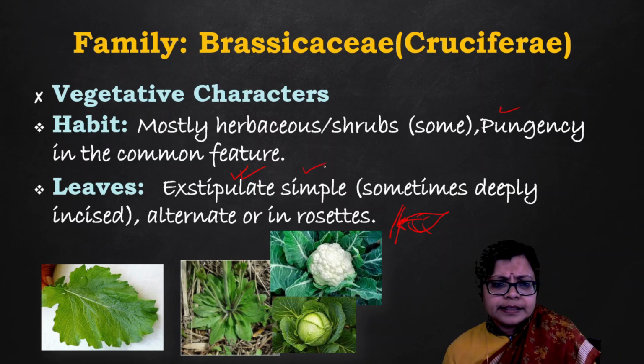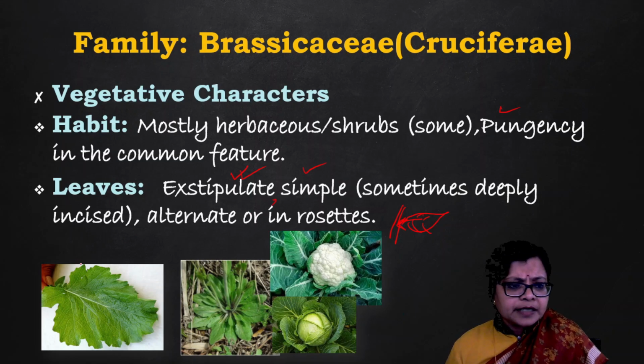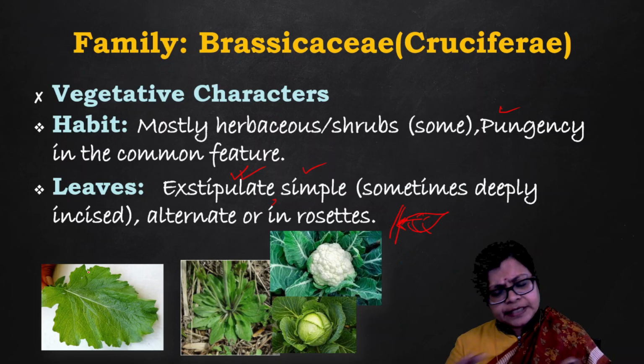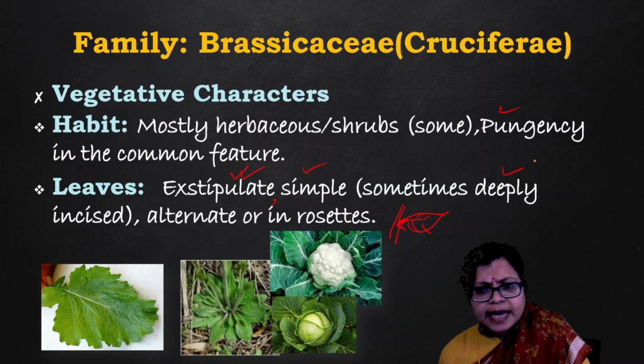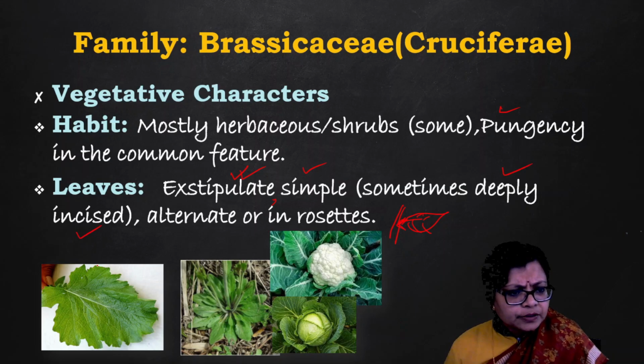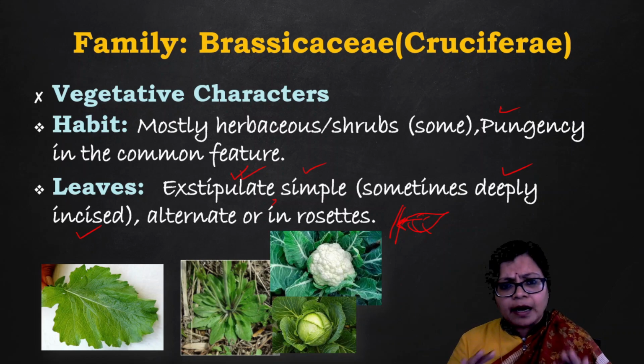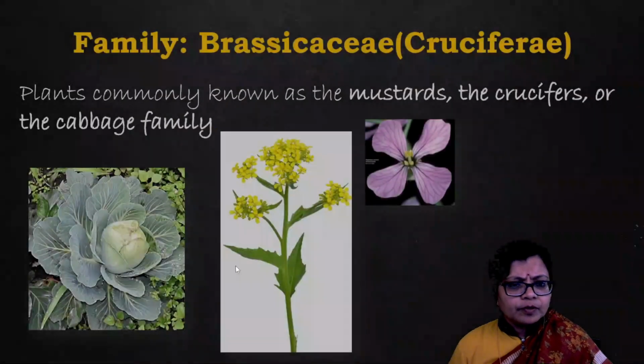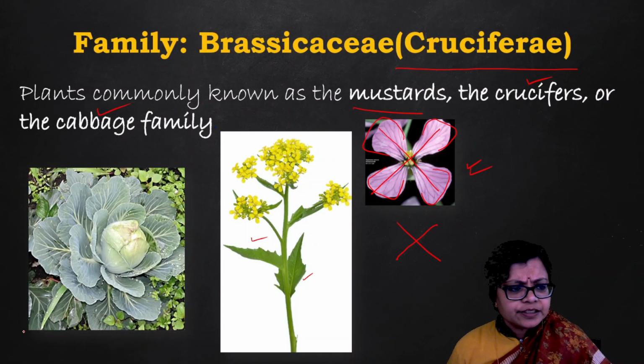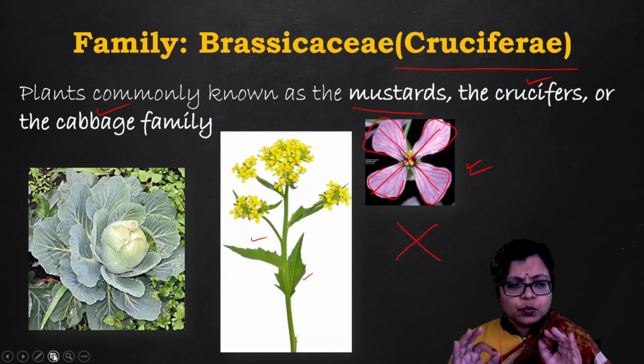Leaves are simple and margin not entire, incised, in some members may be deeply incised but not touching the midrib. So, we can consider the leaves are simple, alternately arranged, or in some members we observe they are arranged in a rosette manner.